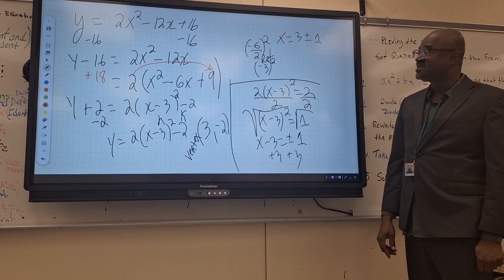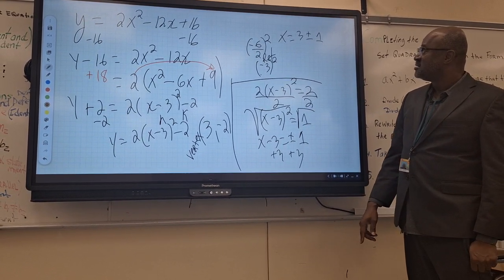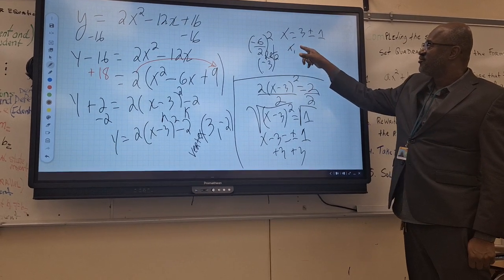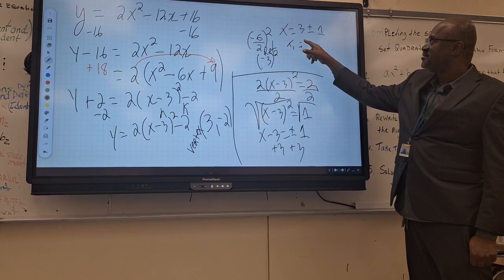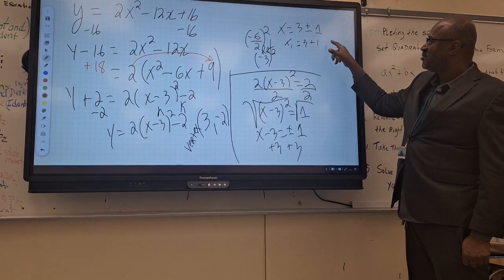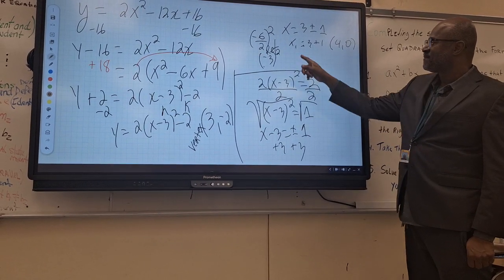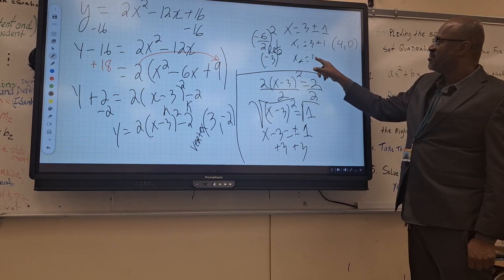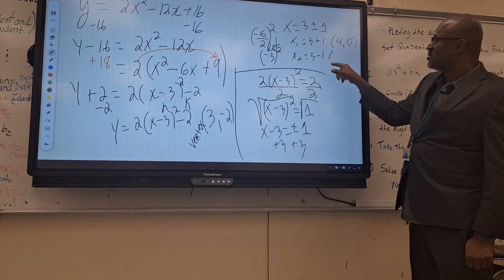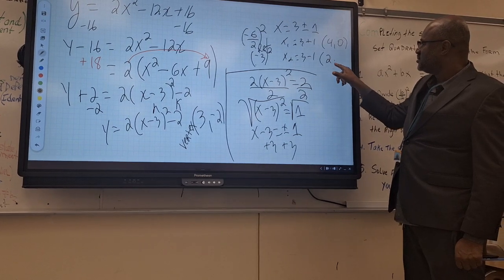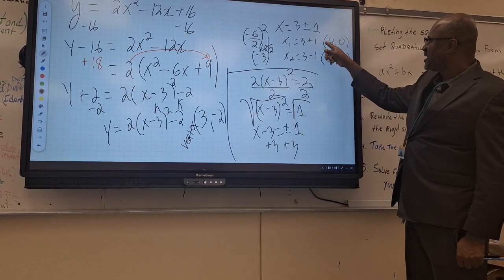What will be the first answer? First answer will be 4. How do you get 4? 3 plus 1, that's how you get your 4. How will you get the other answer? That will be 3 minus 1, which is 2, 0. Those are your 2 x-intercepts.